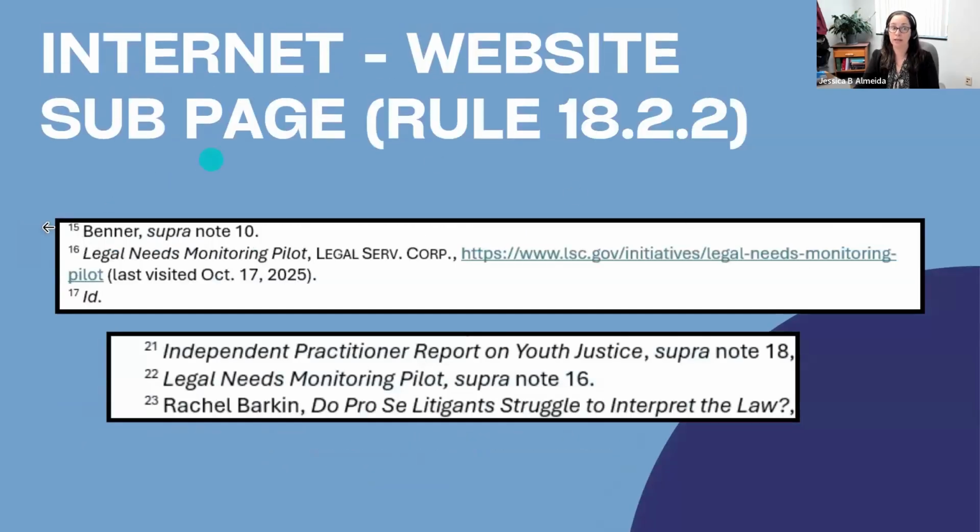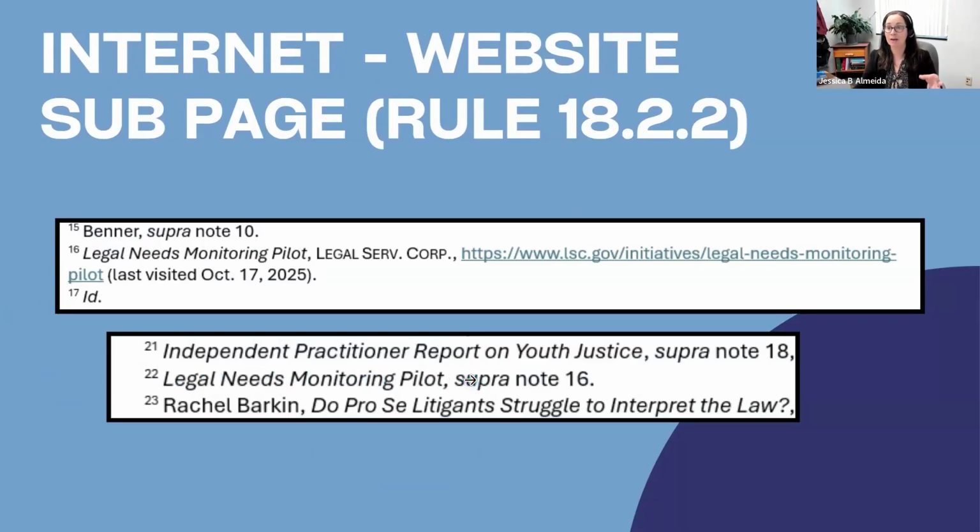Here's how it would look in the footnotes. You'll see footnote 16 is the full site. For 17, if I needed to cite to it again right away, I would use an id period, that is italicized. And then later on, if I needed to cite to it again, I would use a supranote. So here you would see footnote 22, Legal Needs Monitoring Pilot.